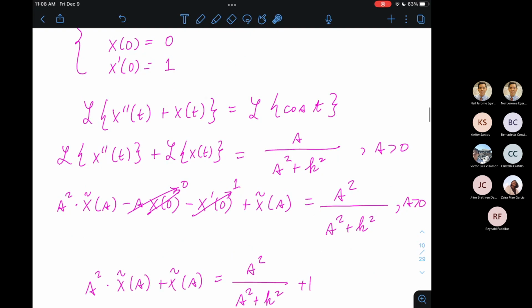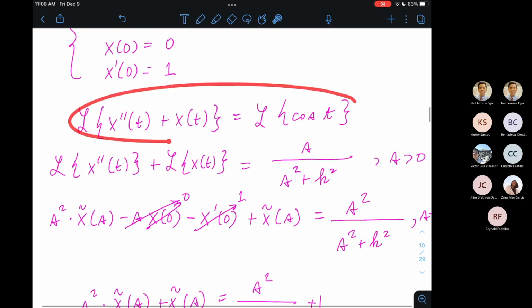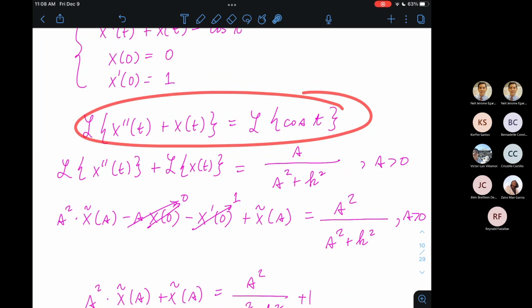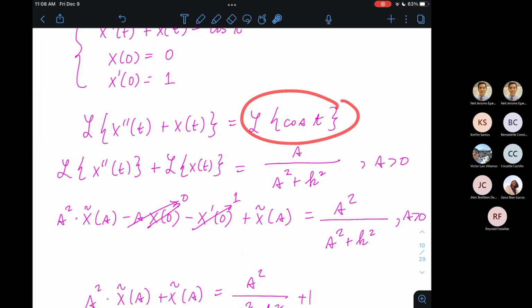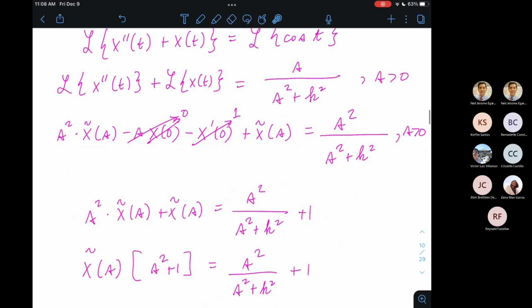Right? Remember what we did last time? Kinuha ko muna yung Laplace transform ng parehong side ng equation. So I got this. And then madaling i-compute yung inverse Laplace transform ni cosine t. I got this. And then on the left side, I applied the linearity of the Laplace transform. Tapos ano nga ba ang Laplace transform ng x double prime?